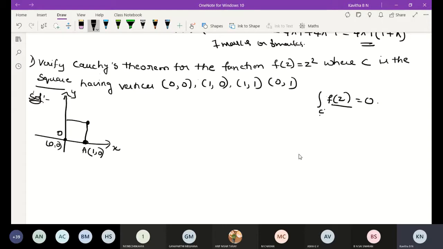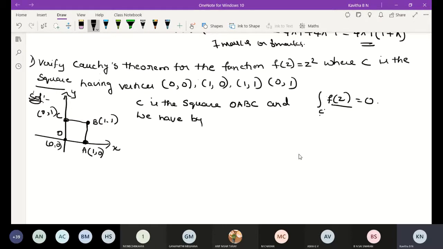Then this one is B, 1, 1, and this point is assigned C, which is 0, 1. Same line integral concept only. Write the diagram. Here C is the square OABC.